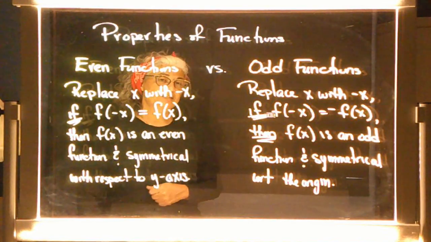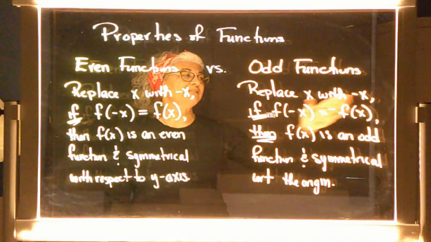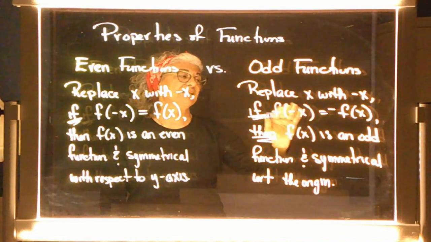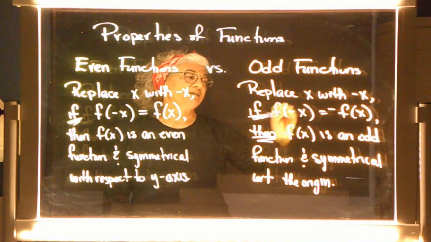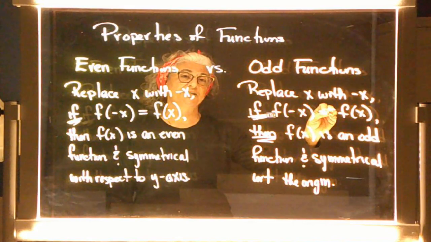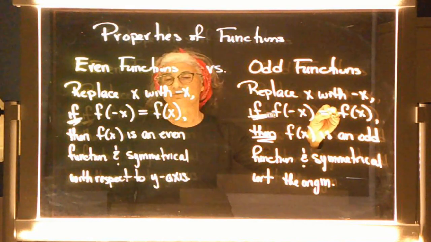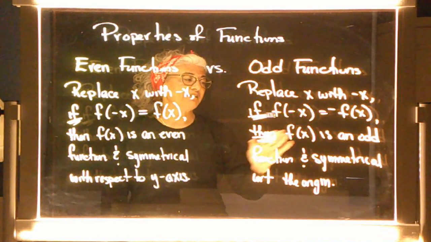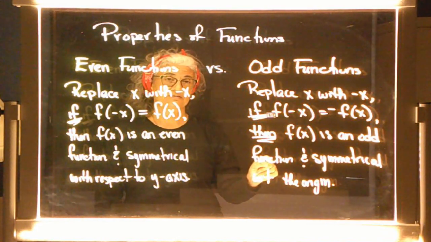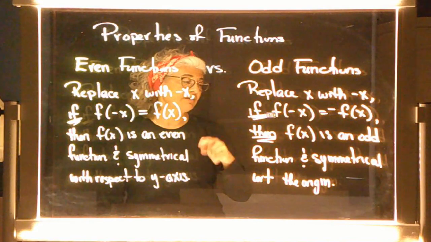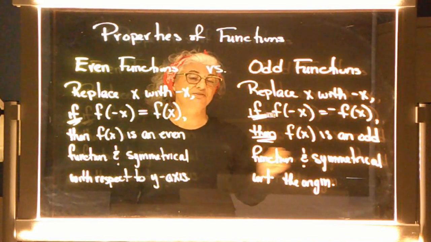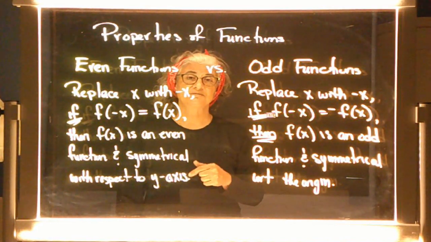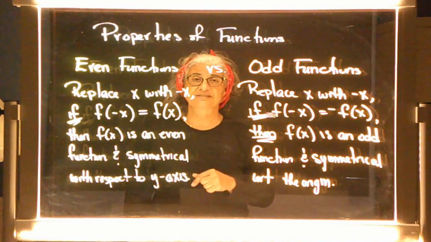So algebraically speaking, if I plug in a negative x for wherever I see x, and I end up with taking the original function and multiplying by a negative 1, which means every sign changes, agreed? Then f of x is an odd function, and graphically speaking, it has symmetry with respect to the origin. Cool? Okay, so hang in there. I'm going to get some examples.